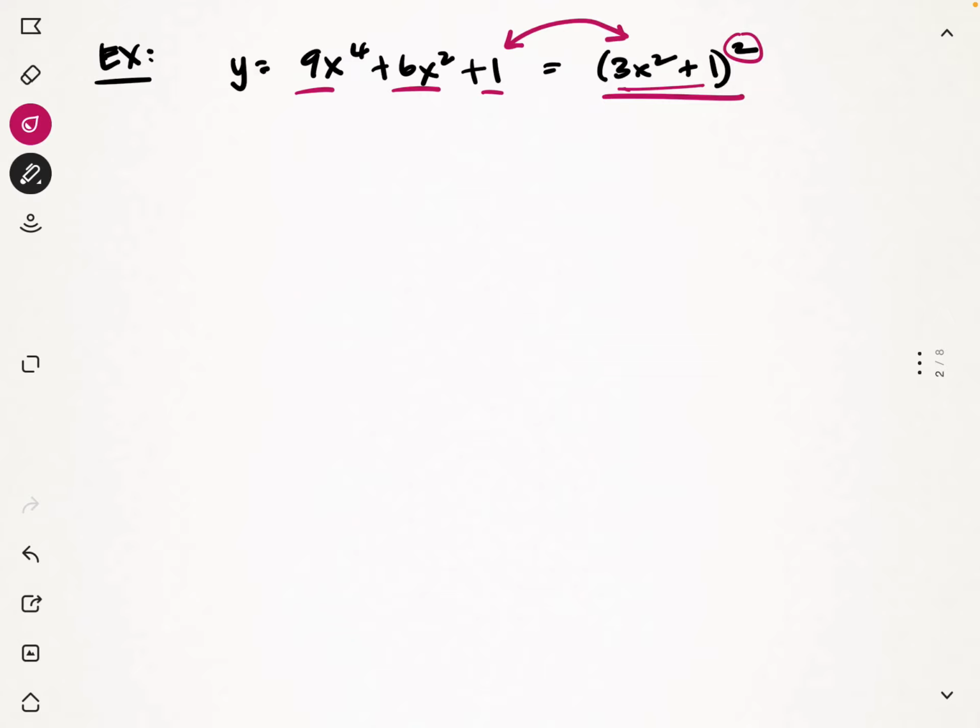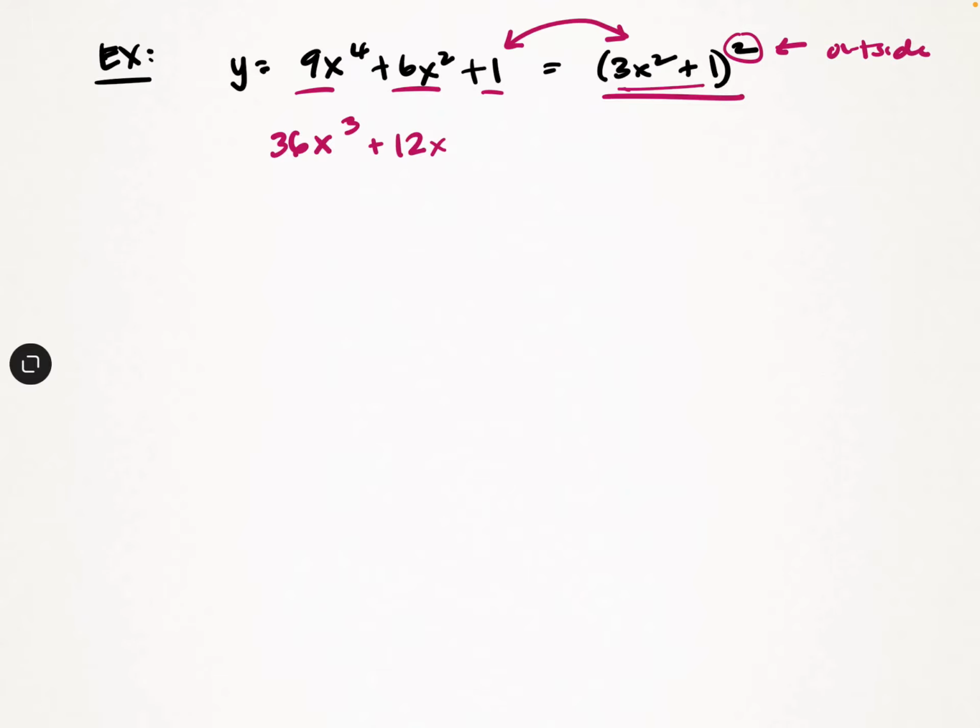All right, so if we do this, drop down the 4 times 9 is 36, x to the third. And we're just applying the power rule to each term. And then we drop down the 2, that's 12x. And then the 1 derives out. Okay, using the chain rule, notice the outside function is this square.